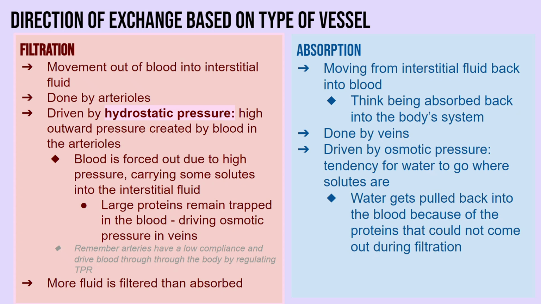So the blood is coming into the capillaries from a bigger radius, and then it's getting squeezed into a smaller capillary, so there's a lot of pressure. All that pressure is driving filtration, or substances to come out of the blood and into the interstitial fluid, which is just kind of like outside of the vessel.